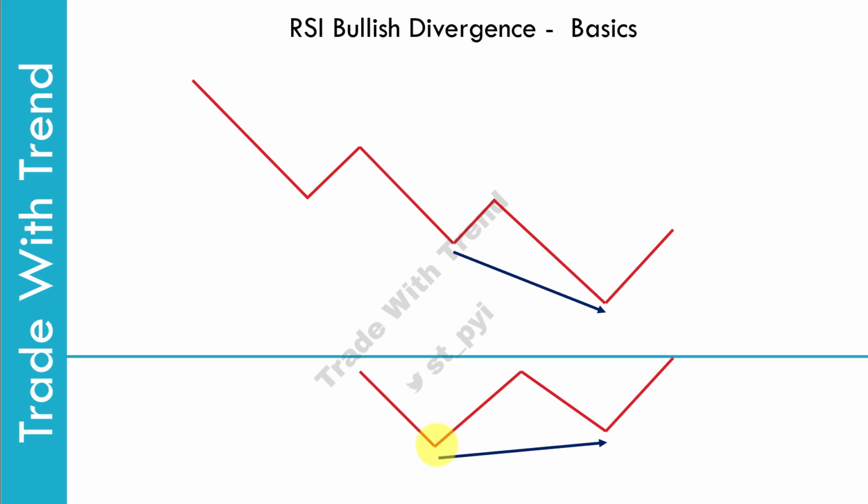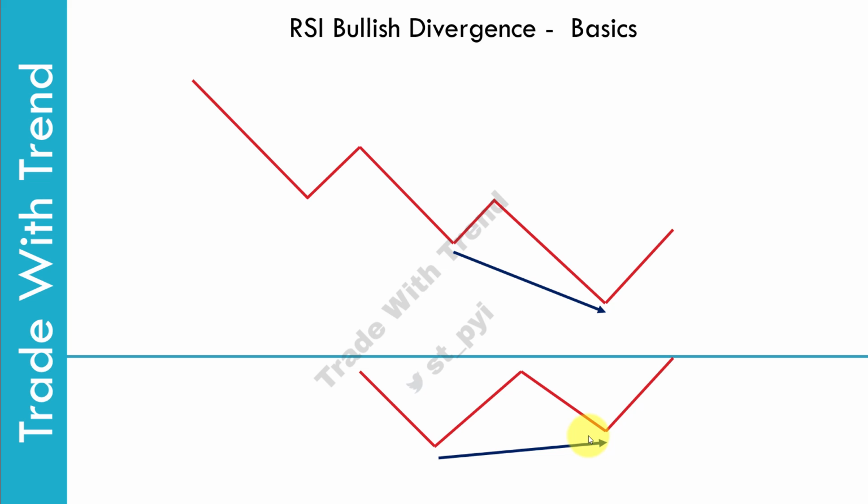Now this phenomenon of price forming lower low, whereas RSI indicator forming higher low, this is called RSI indicator bullish divergence. Now RSI indicator is a momentum indicator.